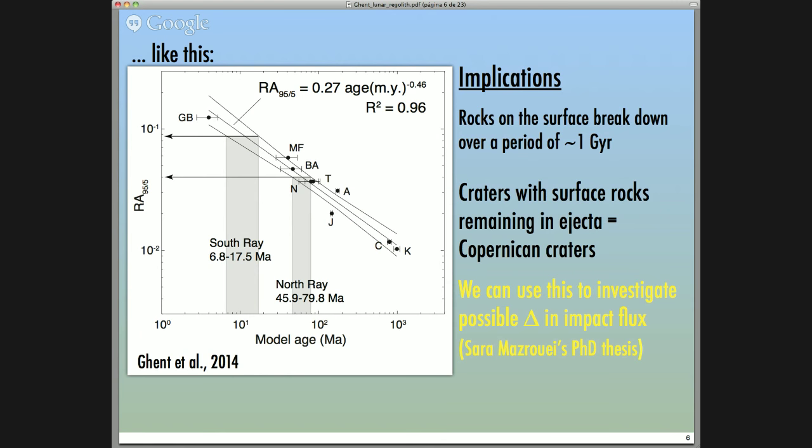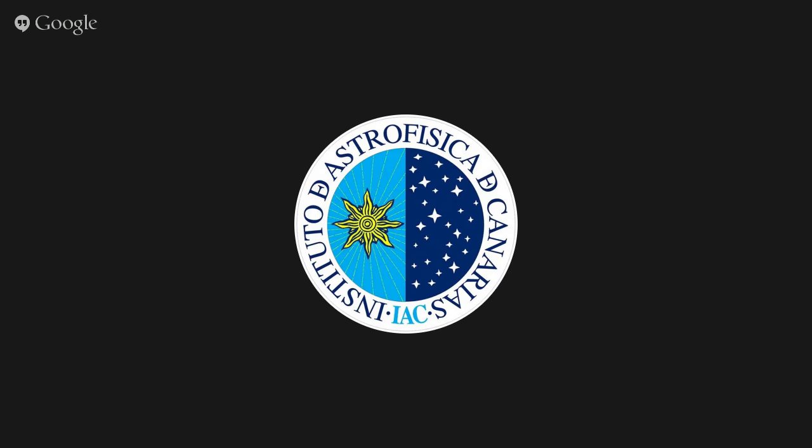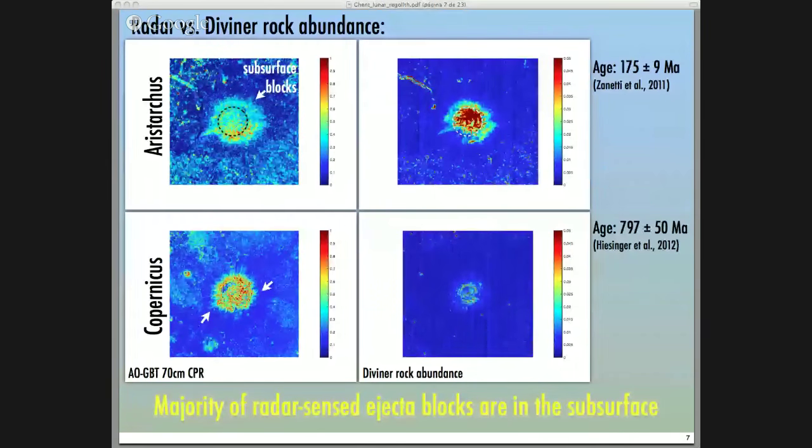So then, comparing the two different data sets, here we've got on the left the Arecibo circular polarization ratios. This is basically a measure of the blockiness in the volume integrated column of regolith. So in the case of the radar data, you're looking at primarily subsurface rocks. So this would include things that the infrared data can't see, basically.